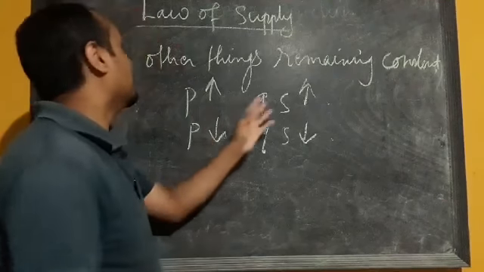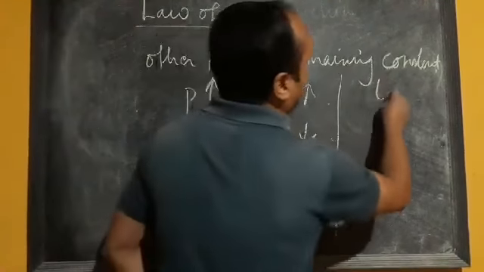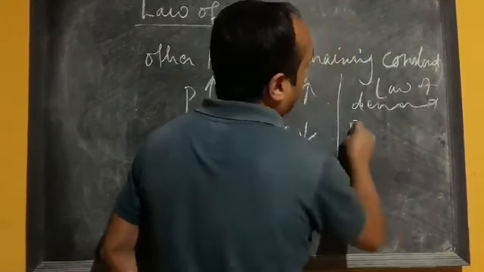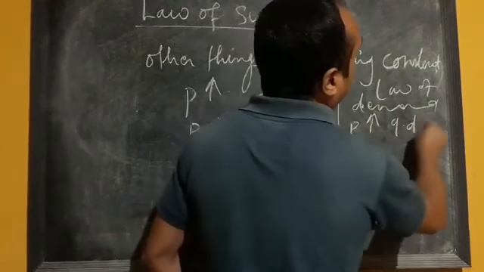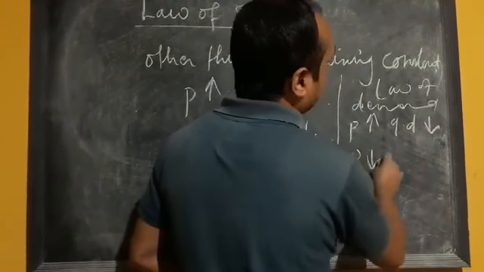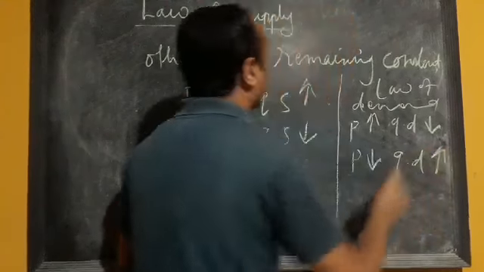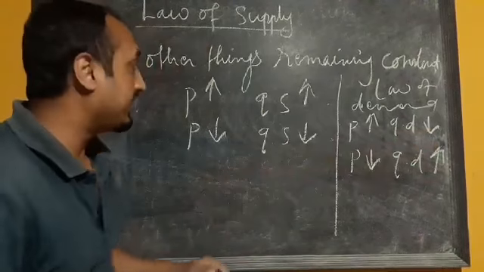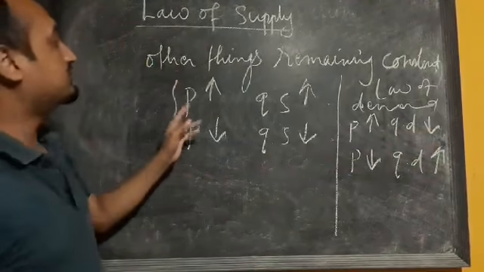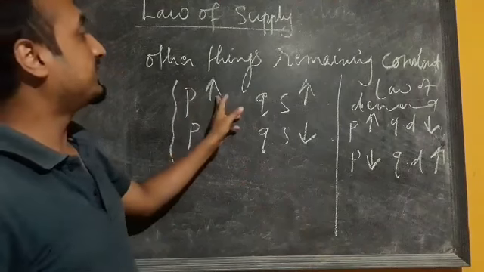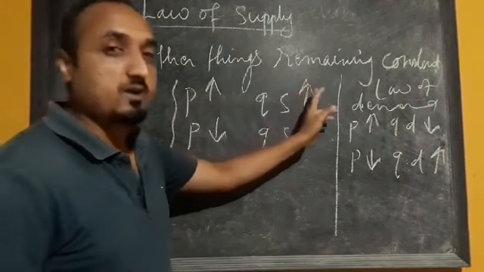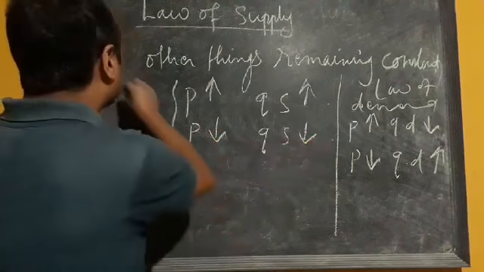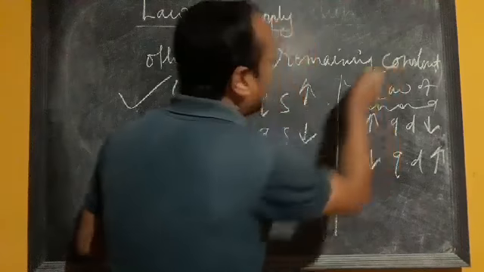So if we compare it with the law of demand: when price increases, quantity demand will decrease, and when price decreases, quantity demand will increase. So there is an inverse relationship between price and the quantity demand, whereas the law of supply shows the positive relationship. When price of a commodity increases, quantity supply also increases. When price of a commodity decreases, quantity supply will decrease. So this is the case of law of supply, and this is the case of law of demand.